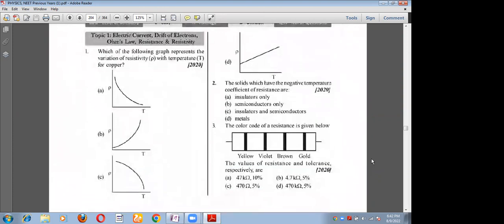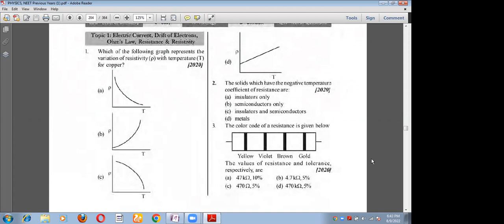If you see the first question, which says which of the following graphs represents the variation of resistivity with temperature. So we know that for metal, resistivity increases with temperature. When temperature increases, resistivity increases.